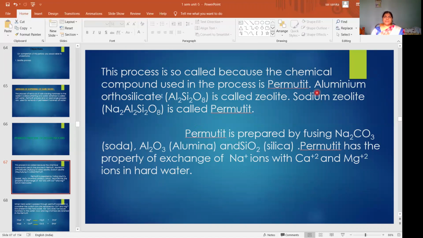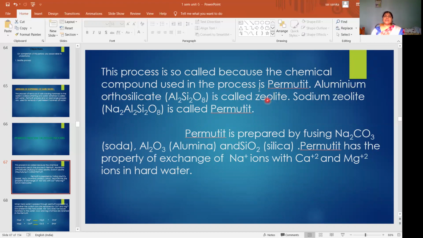Aluminium orthosilicate is called zeolite, and we are saying this process is also called zeolite. This aluminium orthosilicate, Al2Si2O8, is called zeolite. This is the chemical name, and zeolite is the common name.